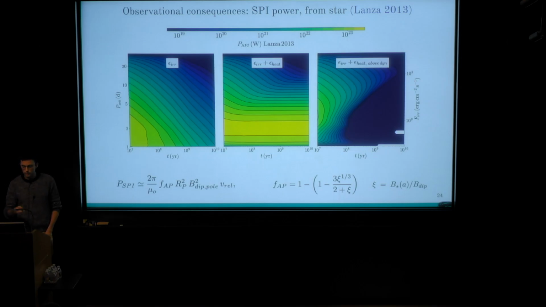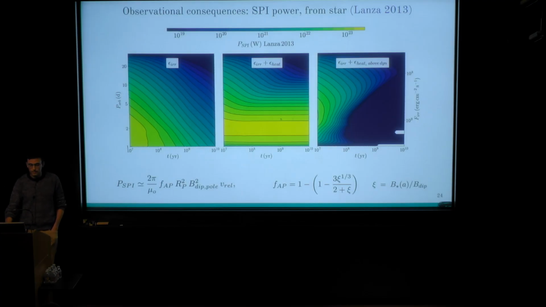processes. This one is famous, Lanza 2013, and it's famous because a group in 2019 used it, and they claim that they measured the magnetic field of 4 planets, which a lot of people do not believe, but maybe, I don't know.